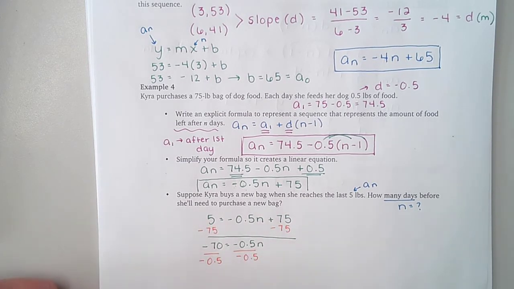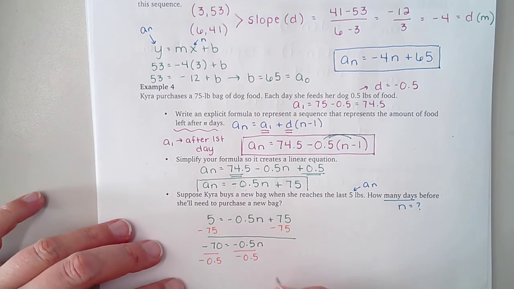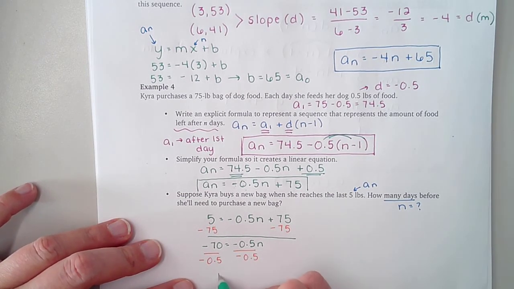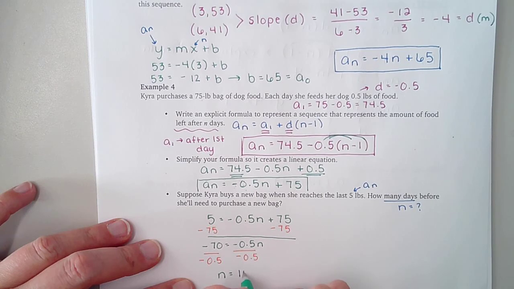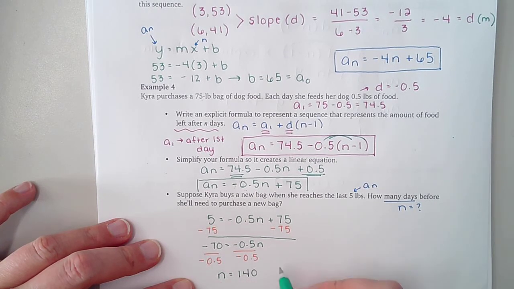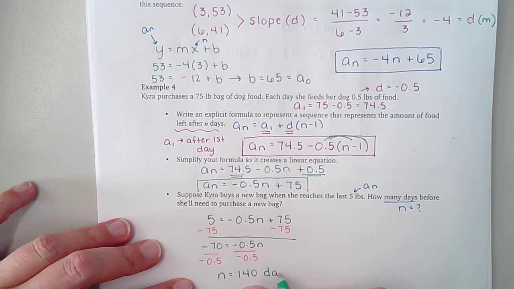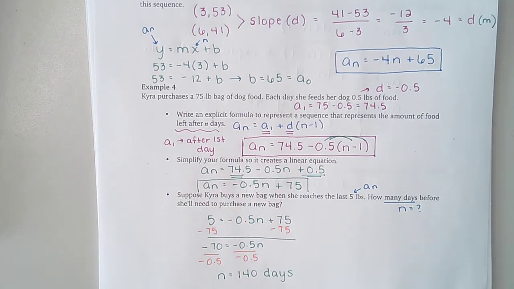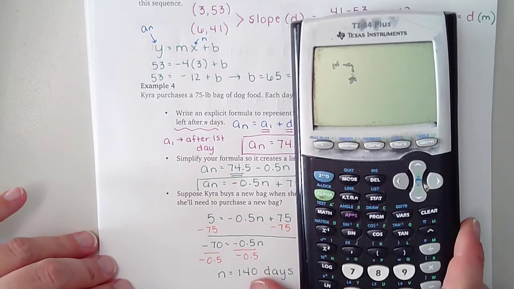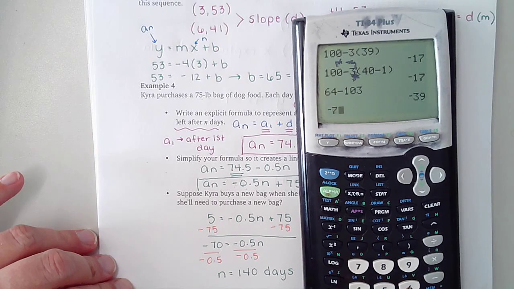But 70 divided by 0.5 should be 140 because dividing by 0.5 is really the same thing as multiplying by 2. If you don't believe me, try it in a calculator. So we can try negative 70 divided by negative 0.5.